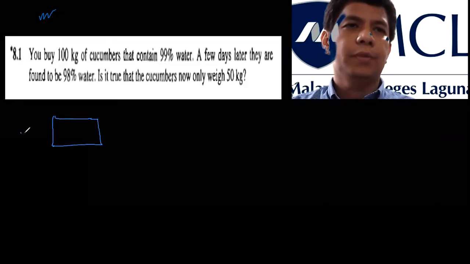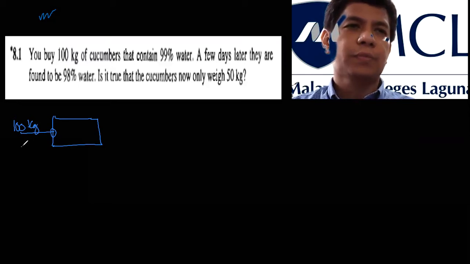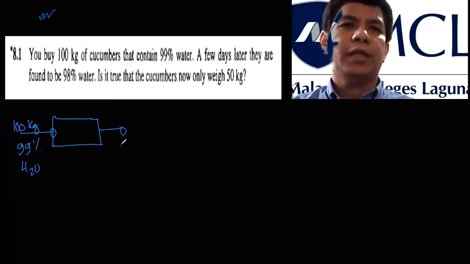So initially I have 100 kilogram of cucumbers. Then it contains 99% water. Okay. So what happened is the water content is reduced to just 98%. So basically this is a drying process wherein you remove the water.